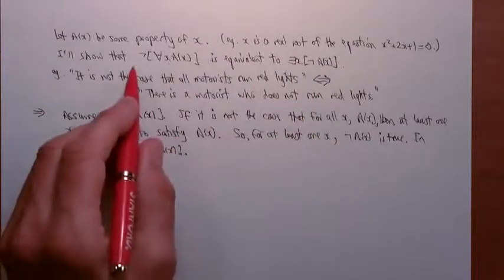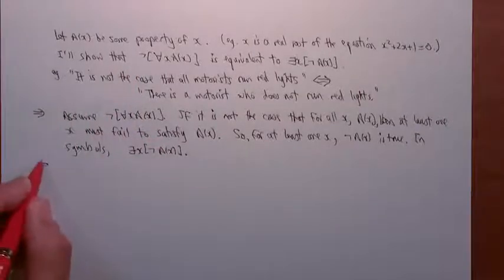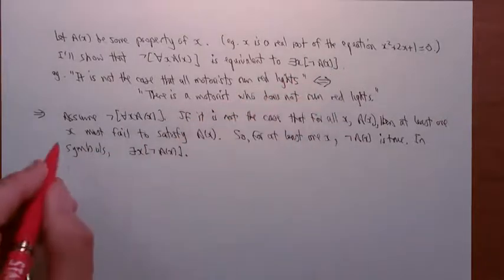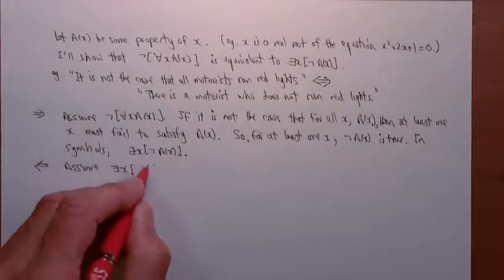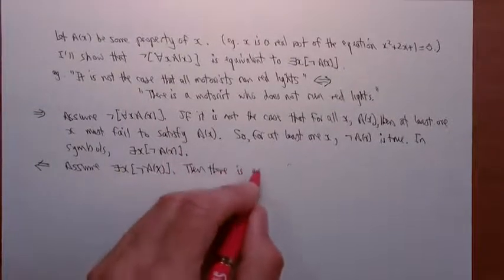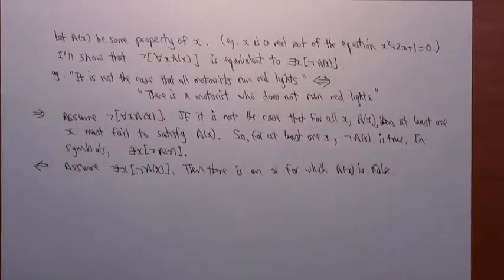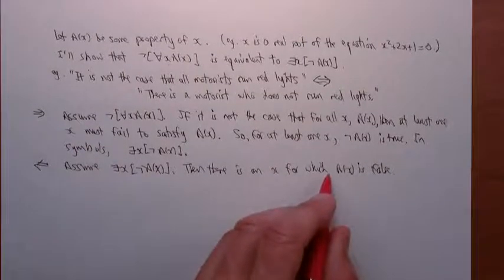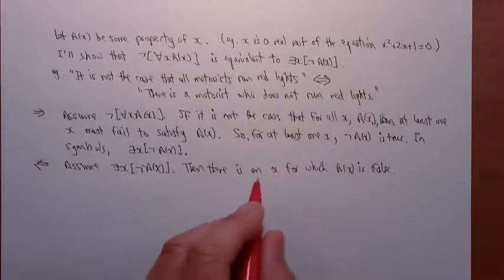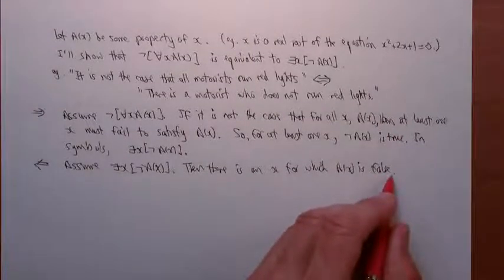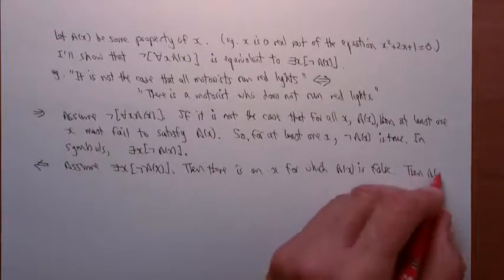Now we want to do the other implication. So, assume there exists x, not A of x. Well, in this case, there's an x for which A of x is false. That's just expressing this in everyday English. Well, if there's an x for which A of x is false, then A of x cannot be true for all x.